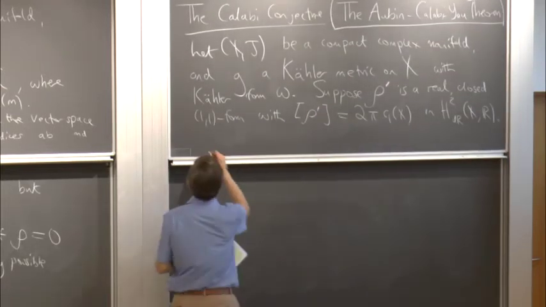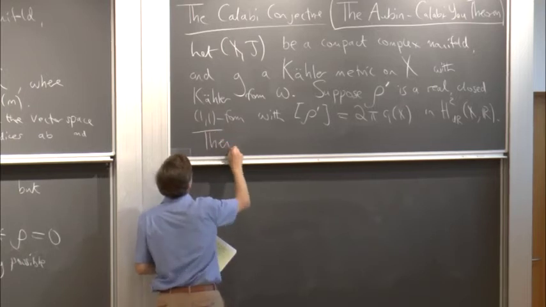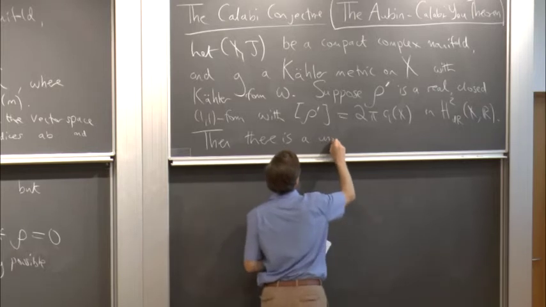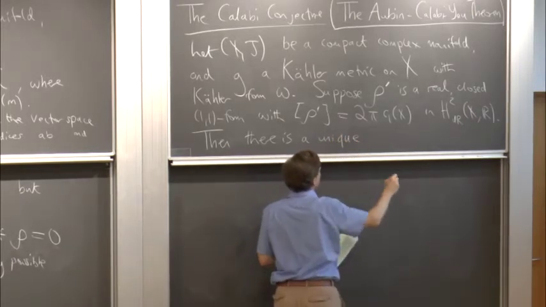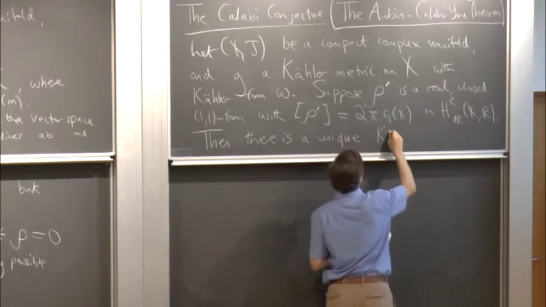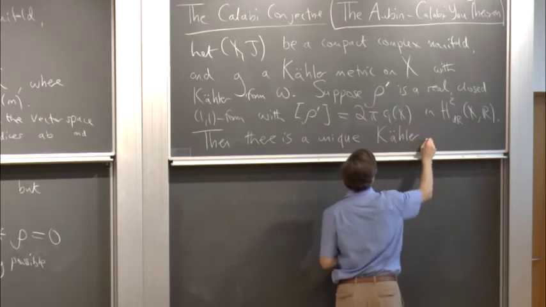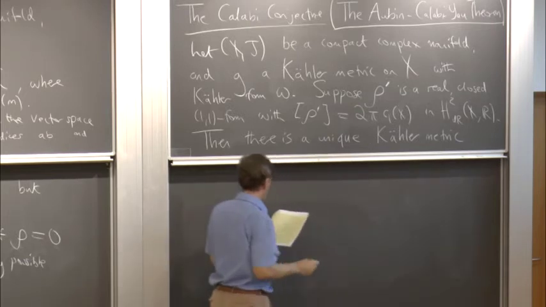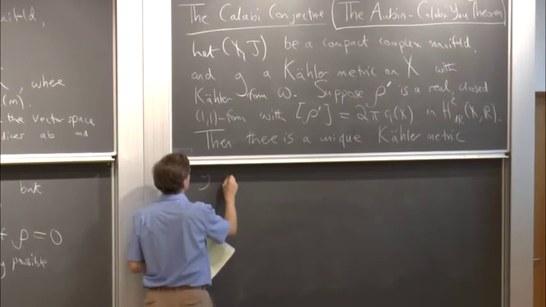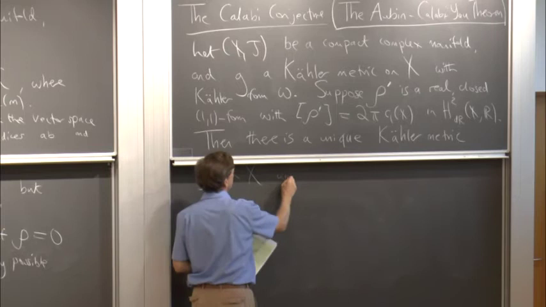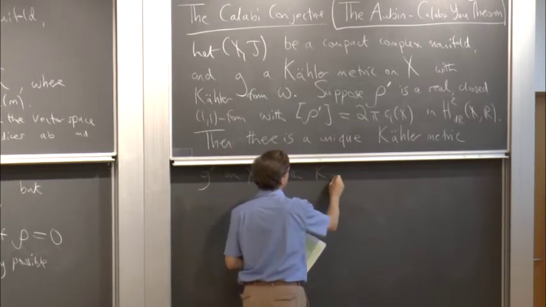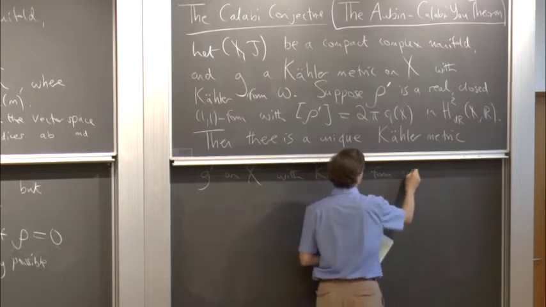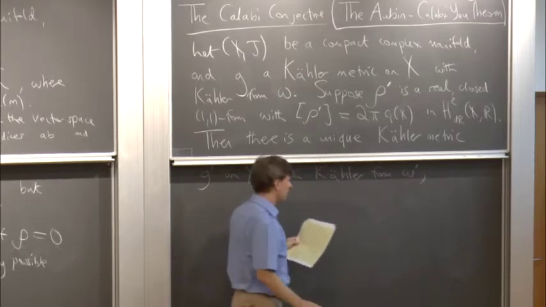So the conclusion is that then there is a unique Kähler metric g prime on X with Kähler form omega prime, satisfying two conditions.